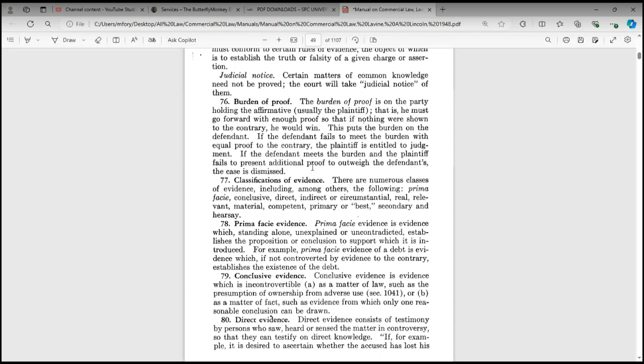Classifications of evidence. There are numerous classes of evidence, including, among others, the following. Prima facie evidence. Like, here's one, right? You'll hear people say statutes are not law. Okay. Correctly stated, they're not law in terms of the Constitution. What they are is prima facie evidence that a law exists.